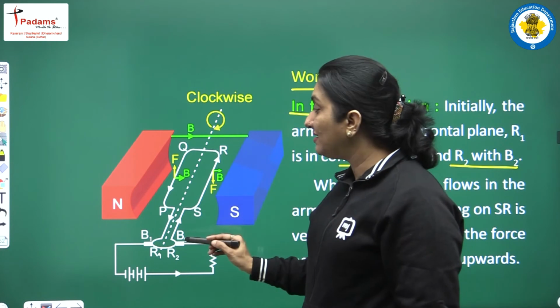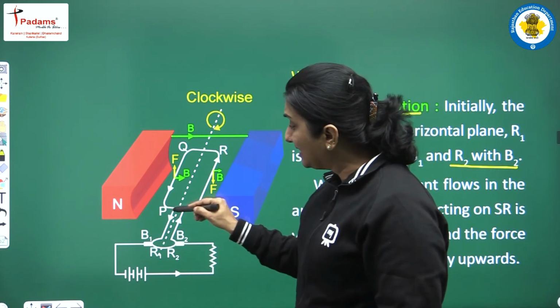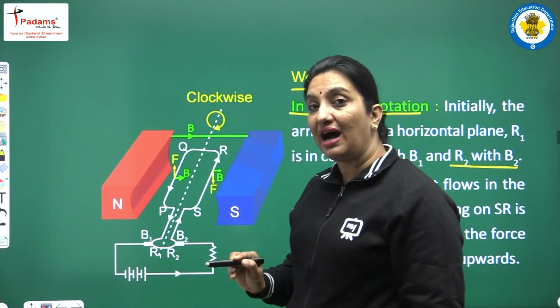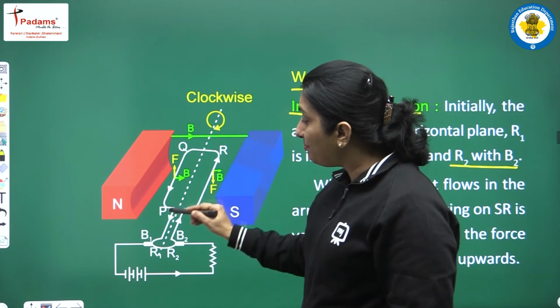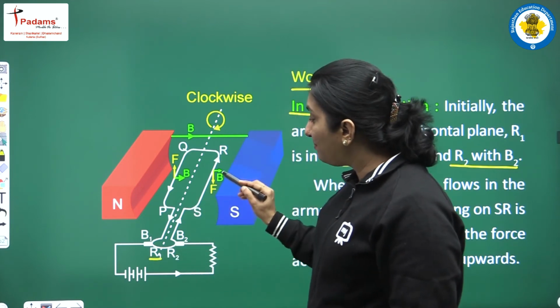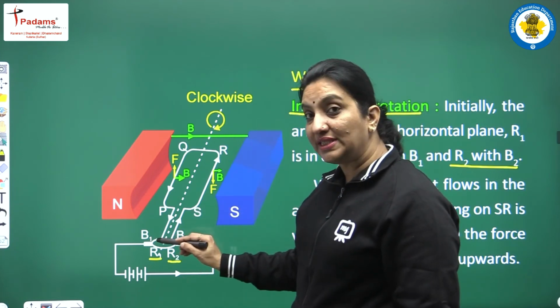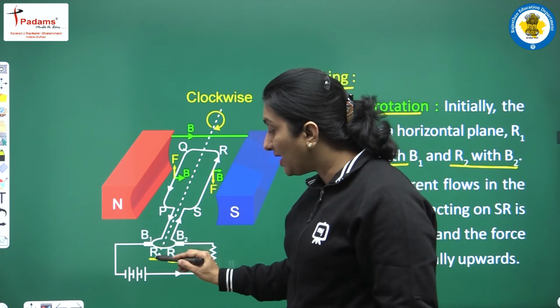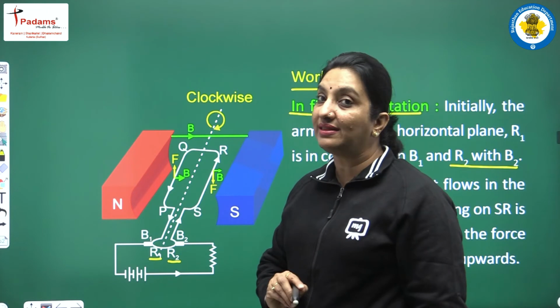For the first half rotation, this PQRS, the armature, is held horizontal such that the PQ arm is in contact with R1 and the RS arm is in contact with R2. The brush B1 is in contact with R1 and the brush B2 is in contact with R2.